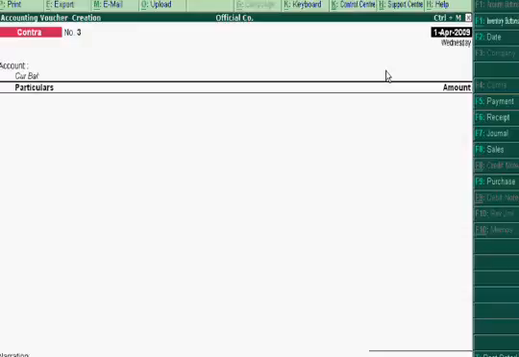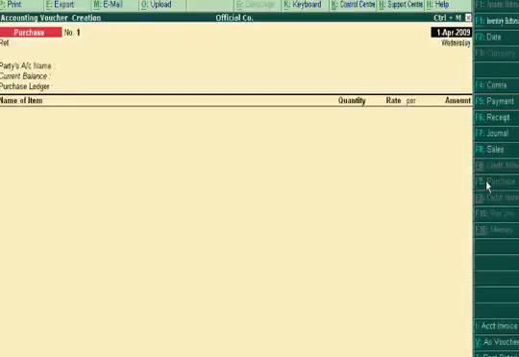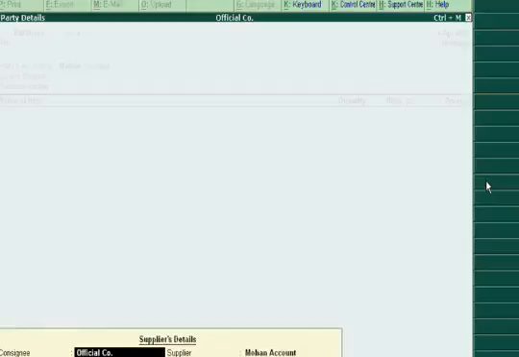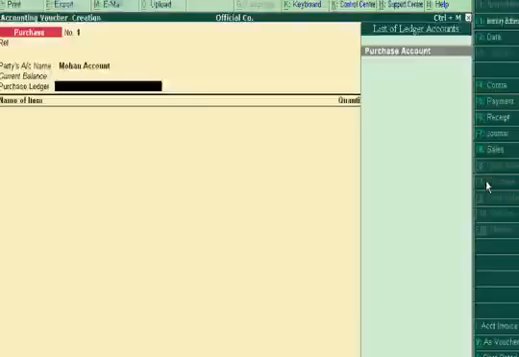Now we are passing simple voucher entries of purchase and sale. Suppose we bought goods of 1000 from Mohan. Because these are goods which we bought on credit, not cash, there is no outflow of cash.